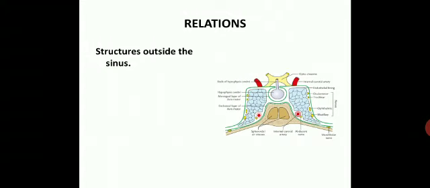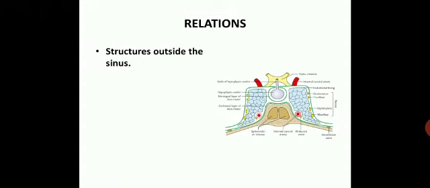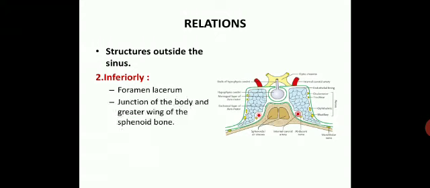Structures outside the sinus: superiorly it is related to optic tract, optic chiasma, the olfactory tract, internal carotid artery, anterior perforated substance. Inferiorly, it is related to foramen lacerum, the junction of the body and the greater wing of the sphenoid bone.